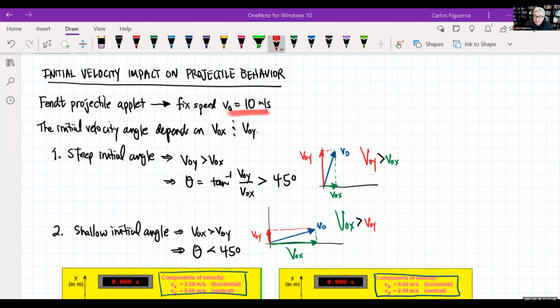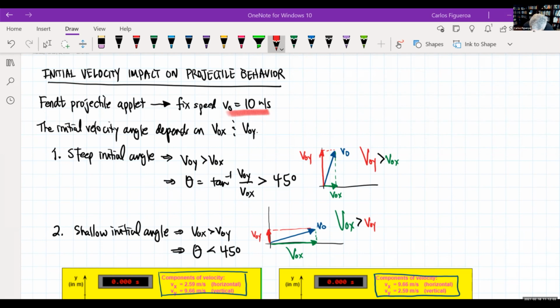That's what I mean by a steep angle. And if I go to the shallow angle, that means the reverse: V initial x is larger than V initial y. When you calculate that tan inverse, it has to be less than 45 degrees. So the 45-degree line is really the mark.